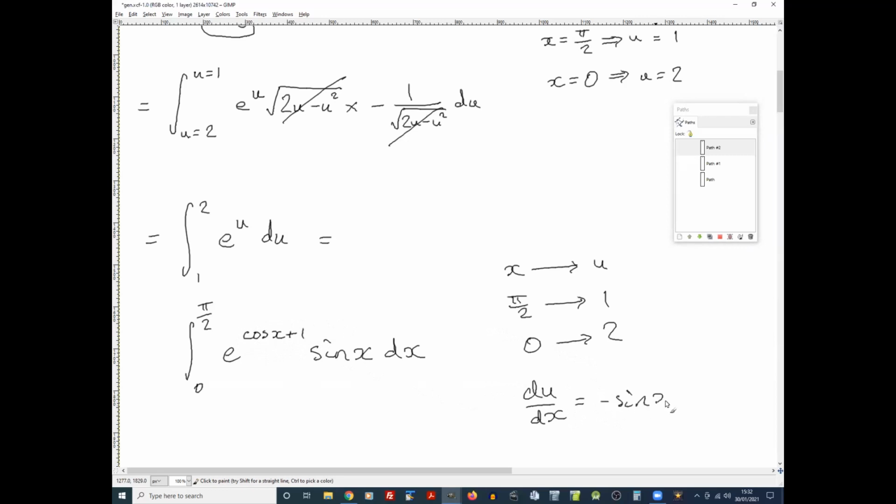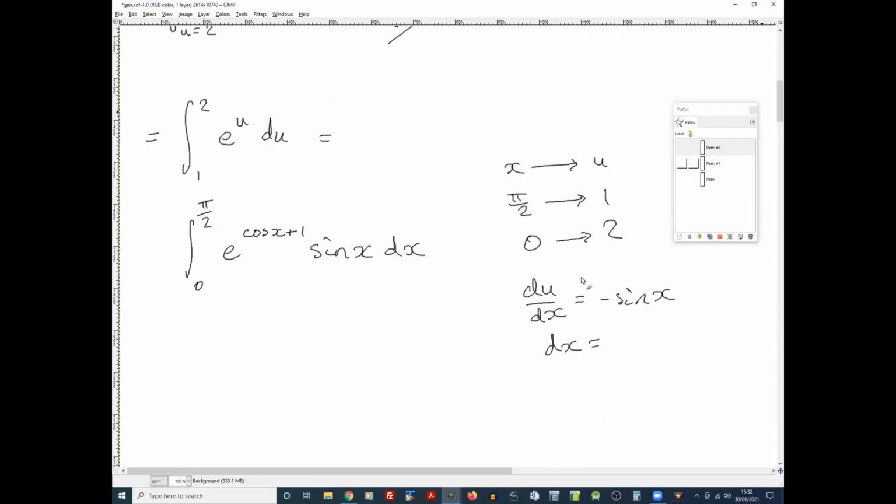So minus sine x, and therefore dx equals. If you're doing a u substitution, you do need to replace dx with du. That can be confusing without practice. You think, okay, so what's du? And you're trying to get an expression for du. Unless you've had enough practice, that can lead into the doldrums.